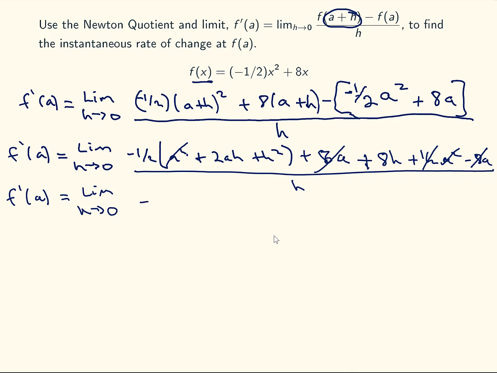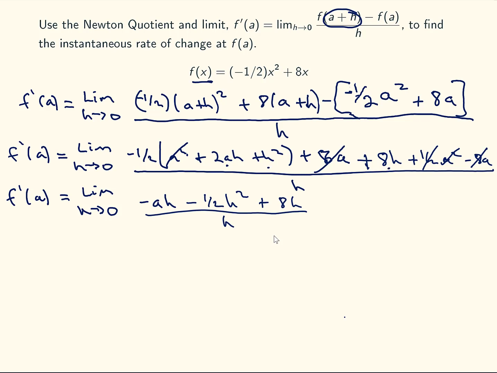That's just going to be negative ah. Then we've got negative 1/2 times h squared. That's going to be negative 1/2 h squared plus 8h divided by h.